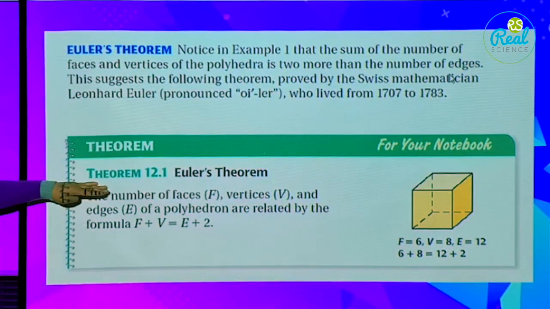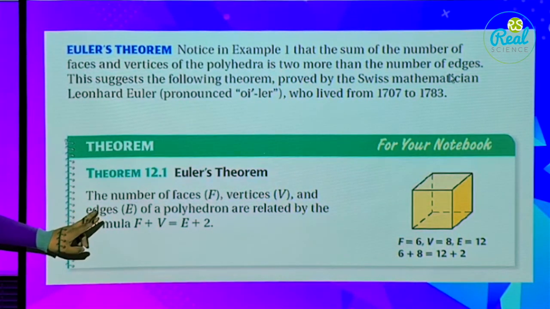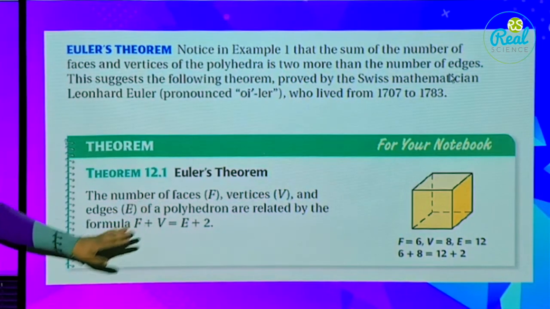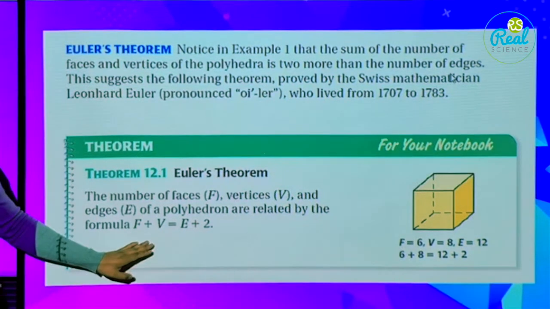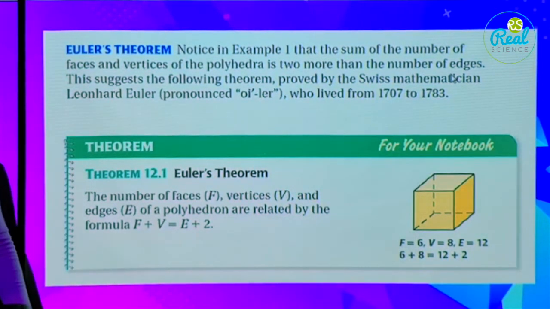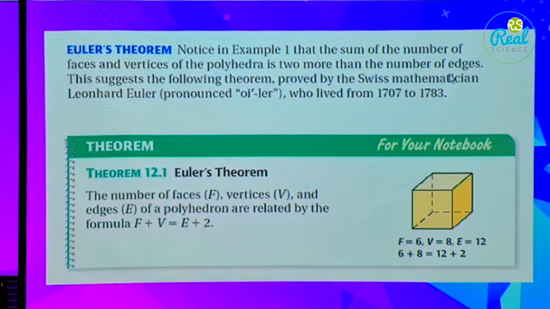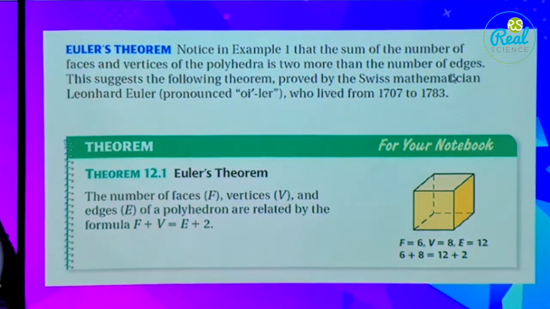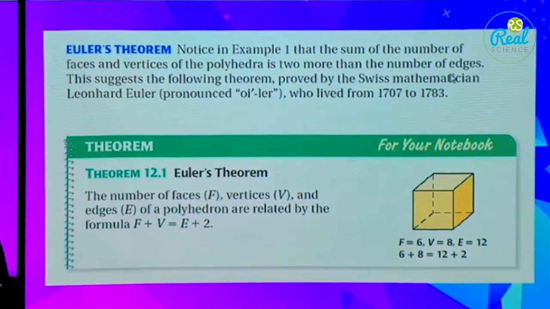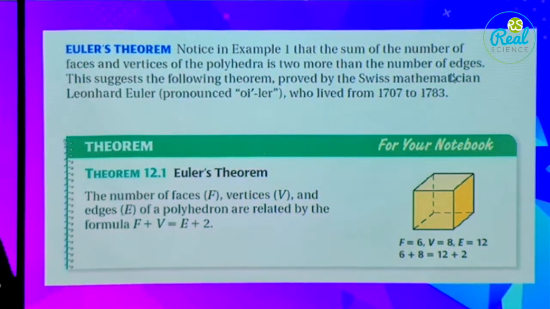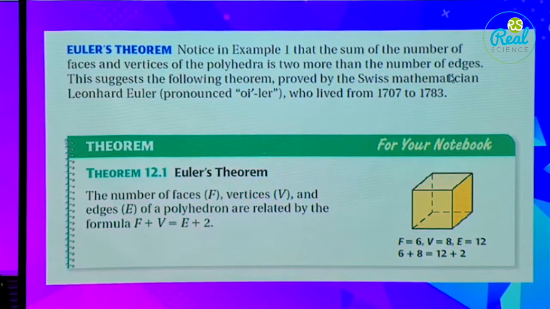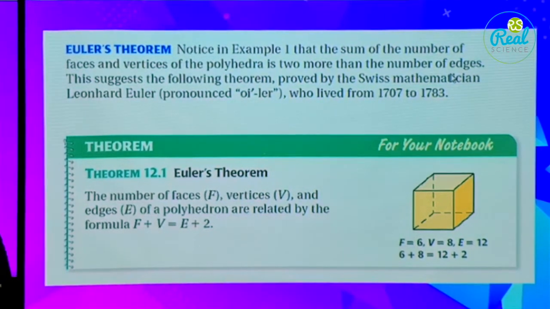Okay, this is the theorem. The number of faces, vertices, and edges of a polyhedron are related by this formula. For example, in the question might be given the number of faces and the number of edges, and the question might ask you to find the number of vertices.